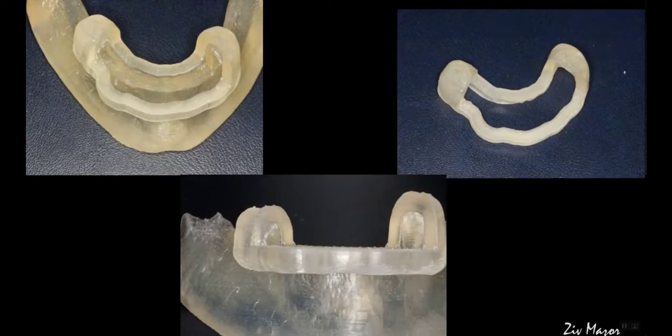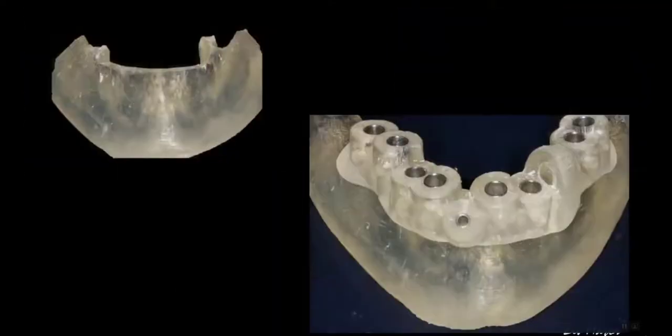We have done reduction guides for many years already. That's a 10-year case that I'm showing you right here. This reduction guide would direct me exactly how much bone I would need to cut in order to place my surgical guide. And that has to be very accurate. Otherwise, I would not be able to sit my surgical guide and place the implants.